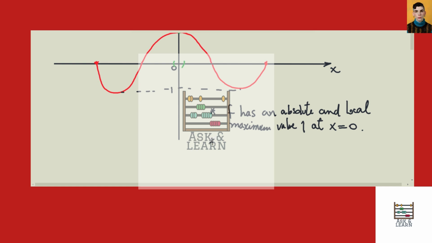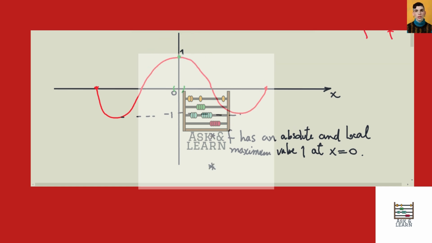Then we have that the minimum value of the function is -1, but it is attained at 2 points in this case. Let's see that these values here we have π/2, here we have -π/2, and this number here is π.